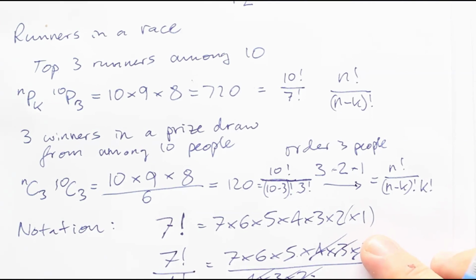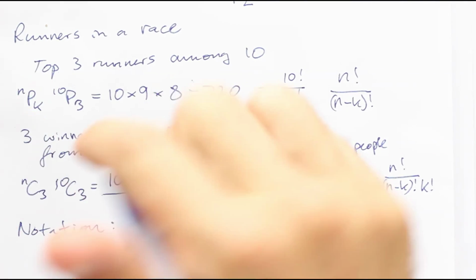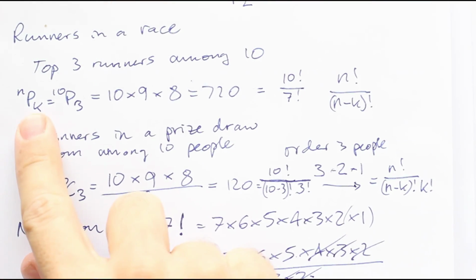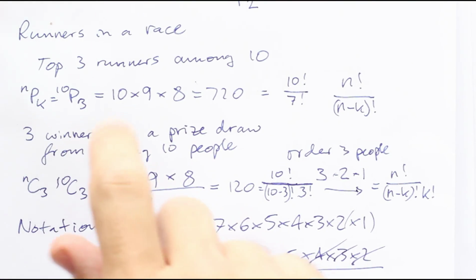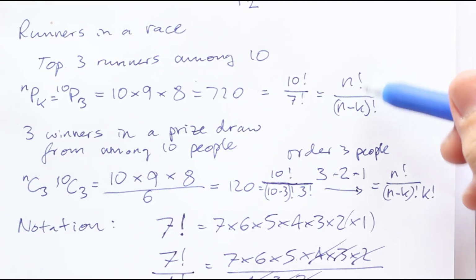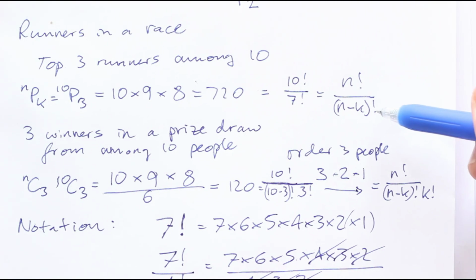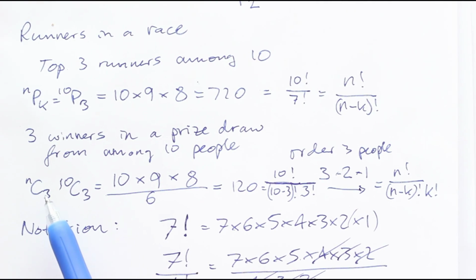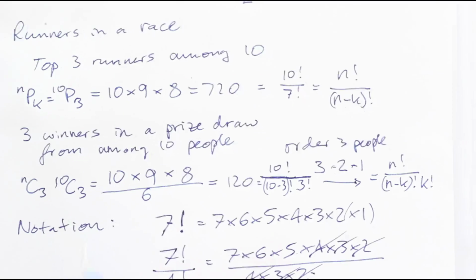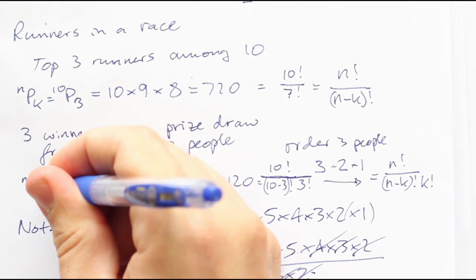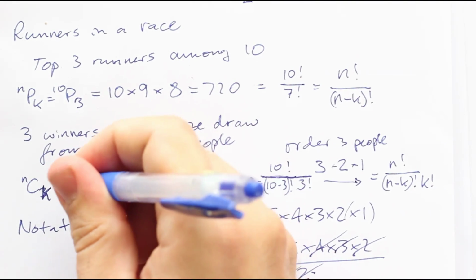So these are the 2 formulas that you have. So for npk, for permutations, it is n factorial over n minus k factorial. The order of the chosen ones does matter, and for n choose k, or combinations, that's not 3, sorry, k. Why didn't anybody tell me?